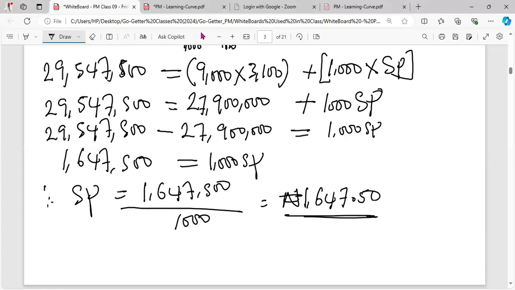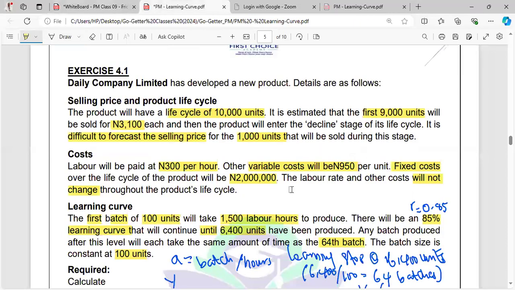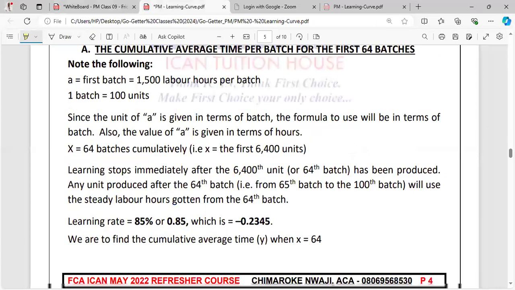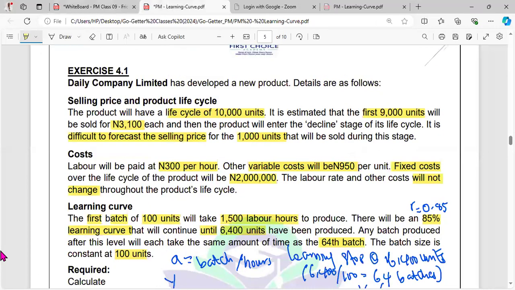So you see here, remember the way we did it, although there's a solution here which you will still look at. But remember the way we did it. We started with our unit of measure for A, and we said the first batch. So batch became our answer. All the times we have been getting our hours, we used to say hours per batch, not per unit.